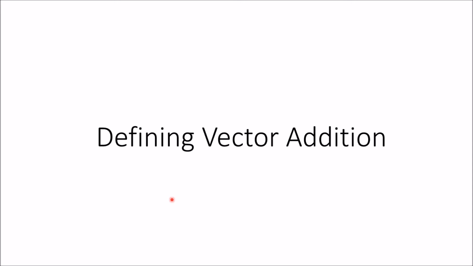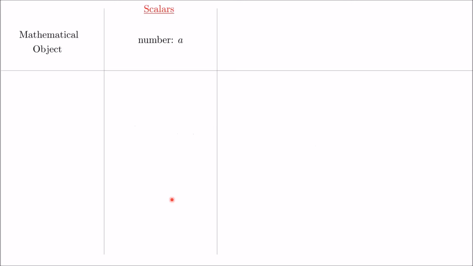Now let's discuss the notion of vector addition. So we are familiar with numbers as mathematical objects. And with numbers, we have the addition operation that allows us to combine two numbers, giving us a third. But right now we have introduced a brand new set of mathematical objects, these vectors, and we don't have an operation to go with them.